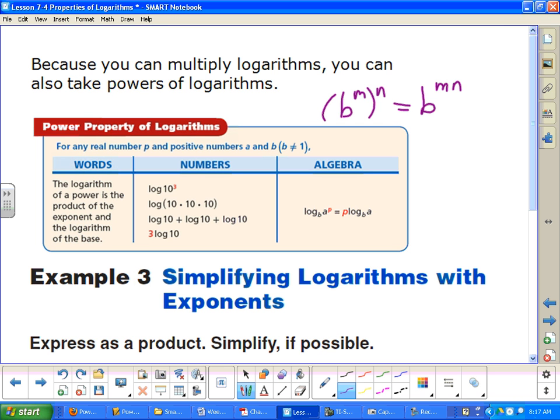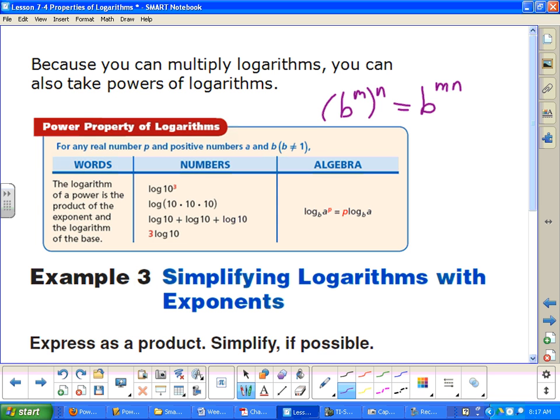So the power property is that if we do the log base b of a raised to a power p, then I can actually take that power and I can move it to the front. And so it becomes p times log base b of a, because we're doing it that many times. If we're going to multiply it together that many times, we're going to add it together.